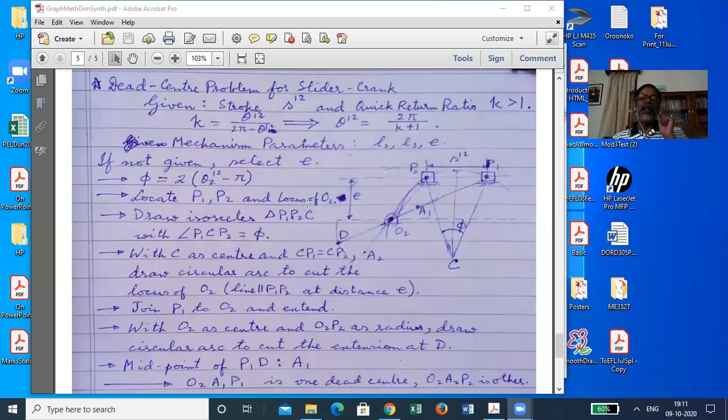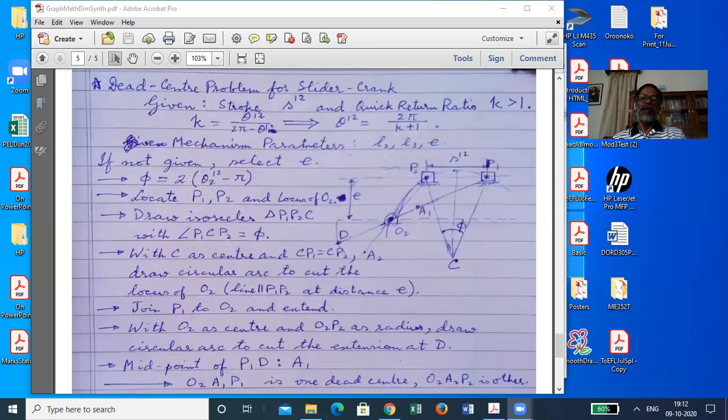And that is why we say that the completely extended position of the mechanism, link 2 3, is this O2 to P1, and completely folded is this, because from here to here the angle will be how much? Pi plus this, and this angle is this.